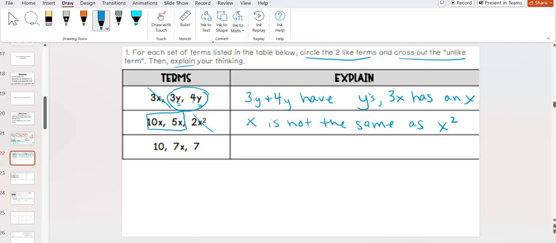And then in the last one, I have 10, 7x, and 7. Well, my 10 and my 7 are going to go together, and my 7x will not. Okay? And that's because they are constants. No variable. Okay? And my 7x does have a variable.